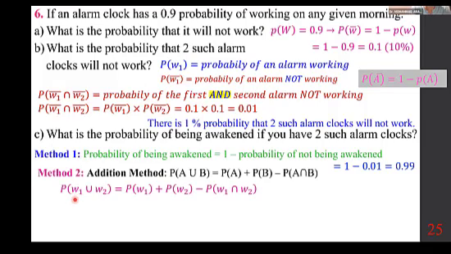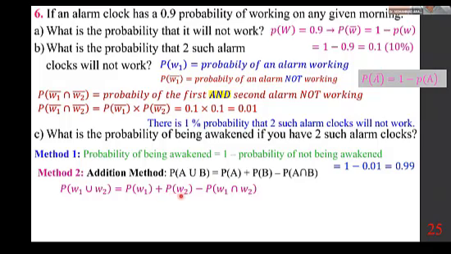So we can use the probability of W1 union W2, which has the following formula. I hope you remember when we did probability of A union B. This is probability of W1 plus probability of W2 minus the probability of W1 intersection W2, meaning what is the probability that the first one works? 0.9.